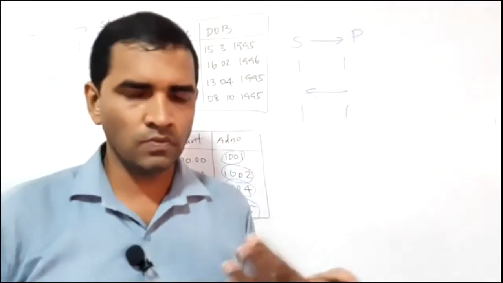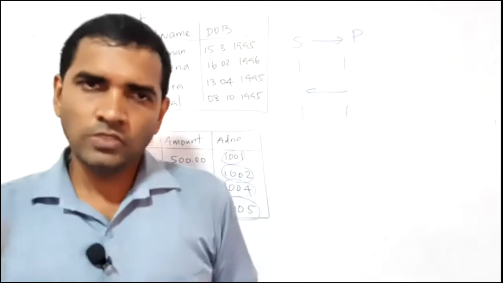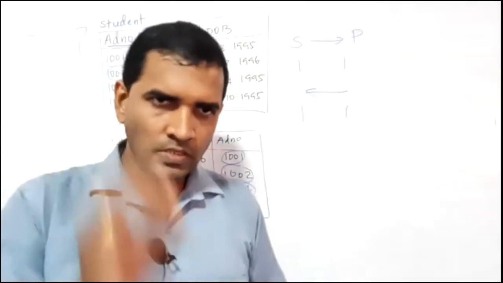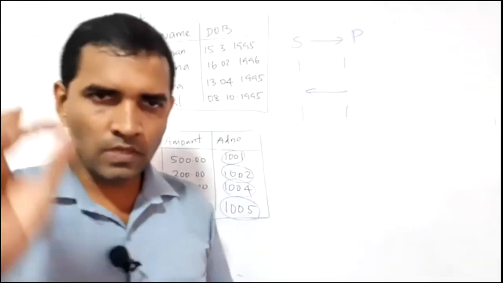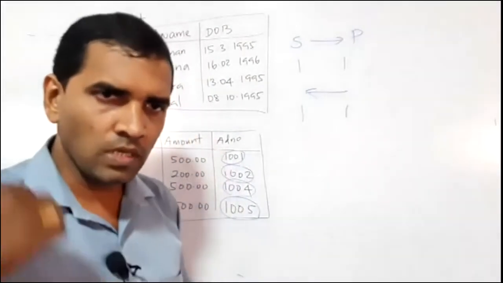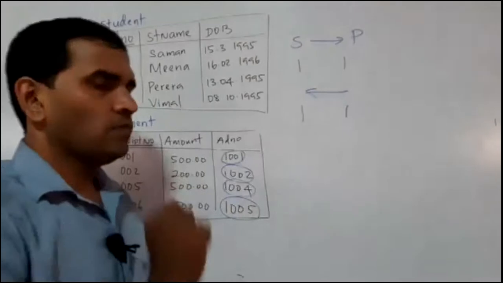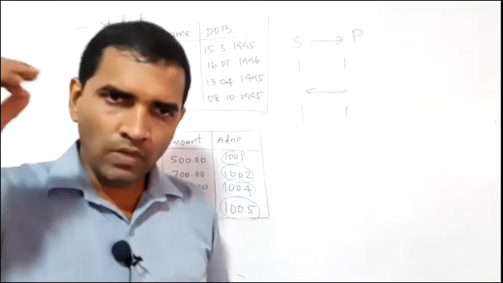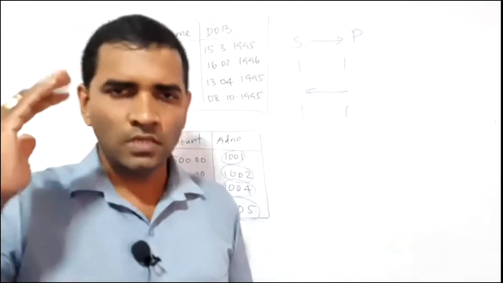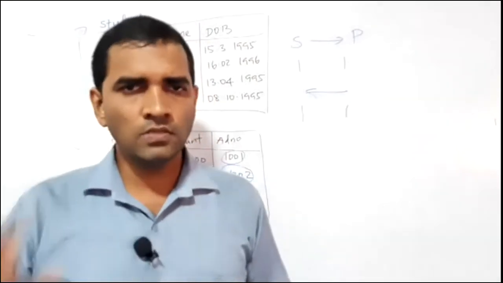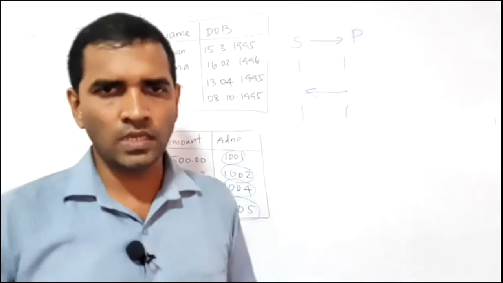This is the definition for one-to-one. But listen to me carefully. This definition is not only for this table, right? This definition is not given specifically for this table. Whenever you have a one-to-one relationship between two tables, this description or definition can be given.